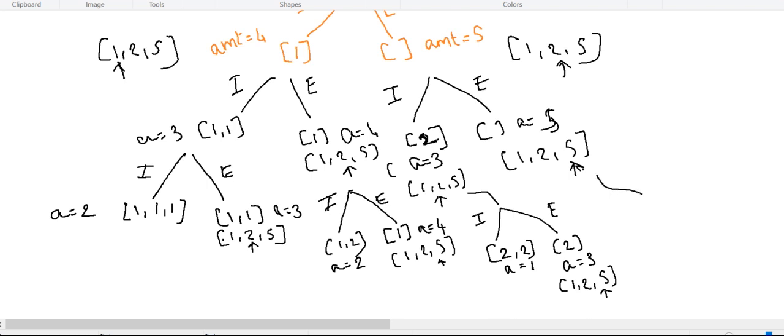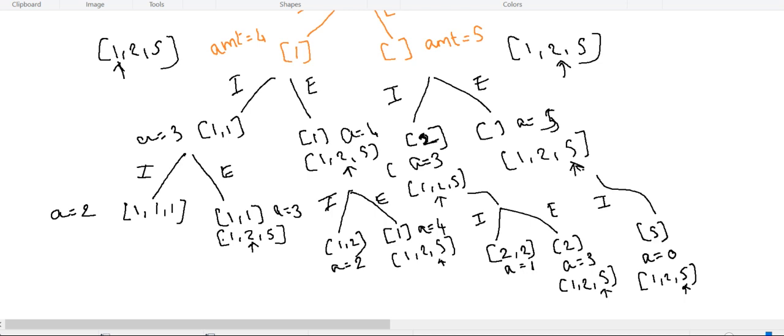And here, when I do include, I'm going to include 5. So my amount is 0. I'm including, so I'm not going to do anything with my pointer. It's still going to point here.